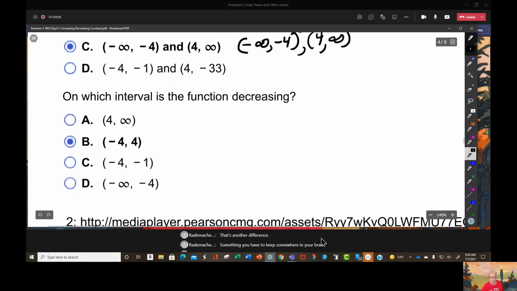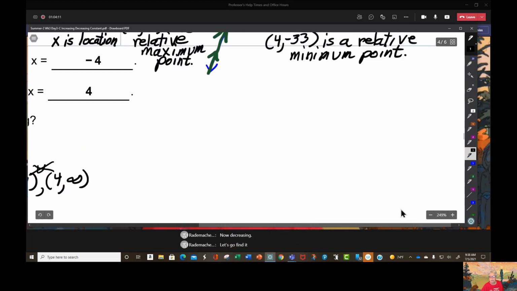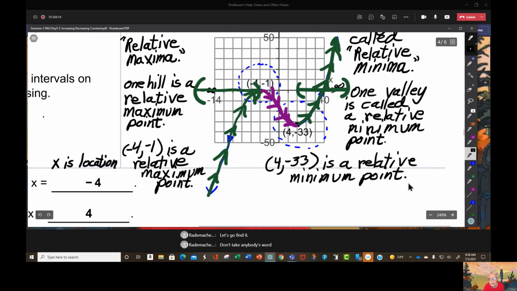Now decreasing. Let's go find it. Don't take anybody's word for it. Here's our decreasing segment of the graph, and it lines up with -4 on the x-axis, which is the x-coordinate of the relative maximum point, and all the way to the x-coordinate of the relative minimum point, right there.